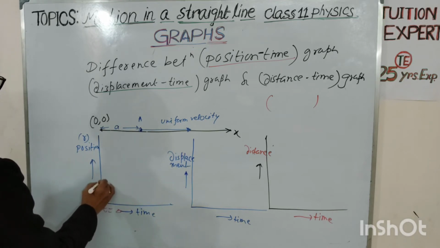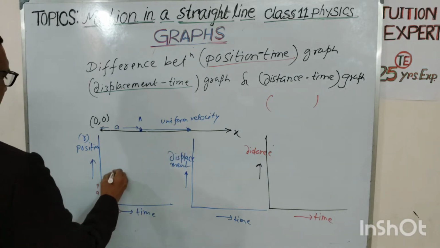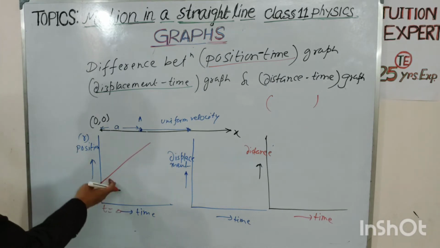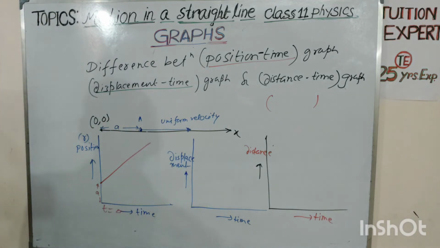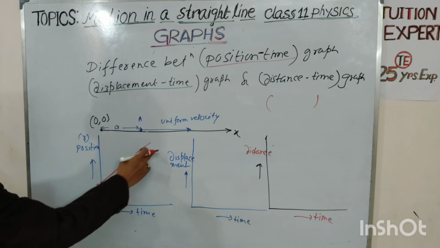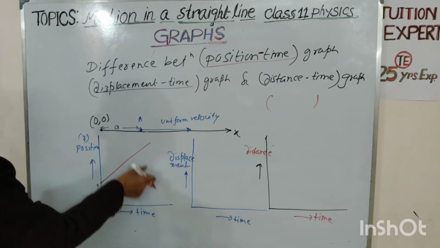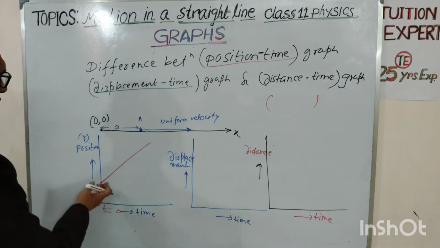The particle starts from this with uniform velocity. So the graph will be a straight line, because in an x-t or r-t graph, a straight line denotes uniform velocity. After some time the position will be this, and after some time this. That is, position increases as time increases. So the graph will be this.